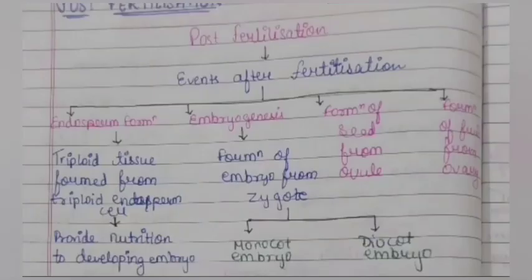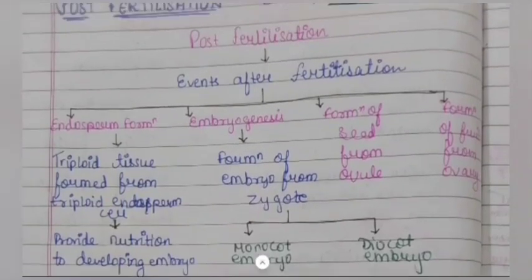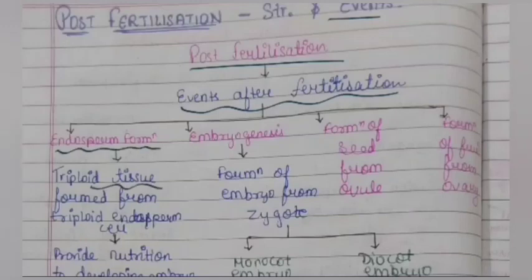Now coming to the topic post-fertilization structures and events. Post-fertilization events are the events after fertilization, in which endosperm formation takes place, which is triploid tissue formed from the triploid endosperm cell and provides nutrition to the developing embryo.